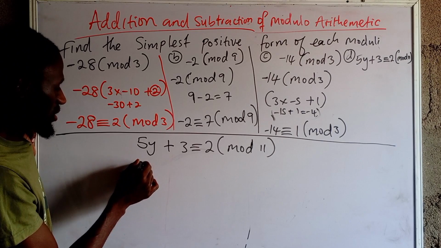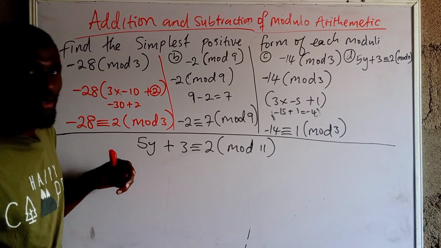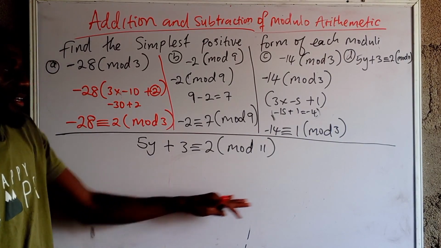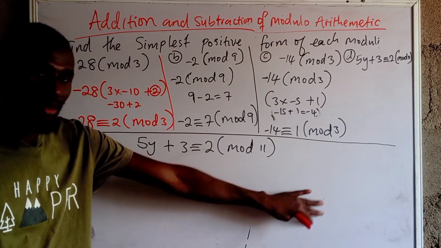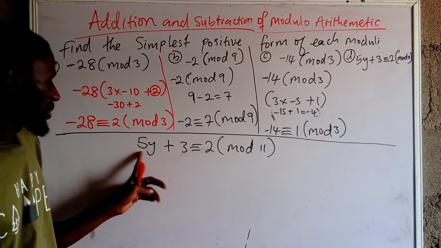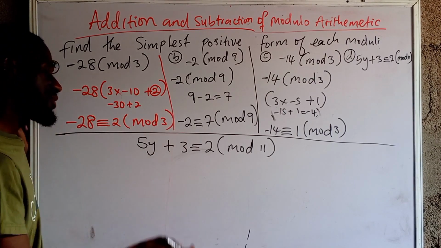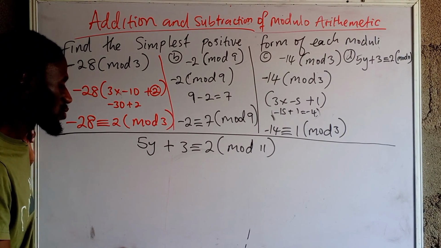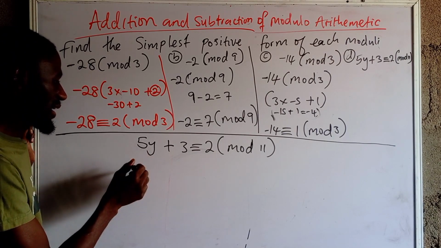In this case we cannot solve it directly like a linear equation, the way we divide both sides by 5. No, that is not possible. Then we collect the like terms.